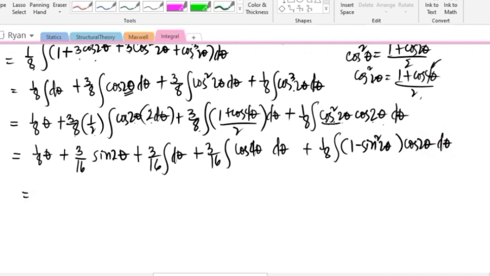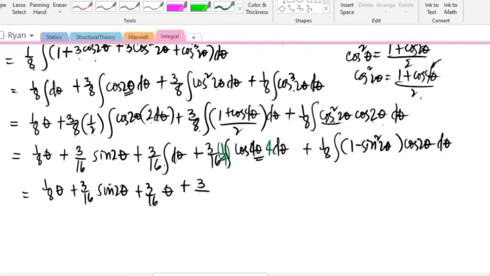And we have here 1/8 theta plus 3 over 16 sine of 2 theta, and we have 3 over 16 integral of d theta is theta, and dito since our v is equal to 4 theta, the derivative of the angle is 4 d theta, so we multiply 4 here and we multiply 1/4 dito sa labas.